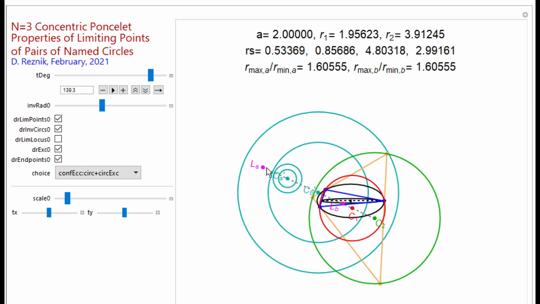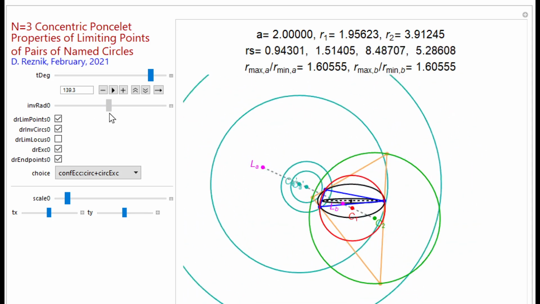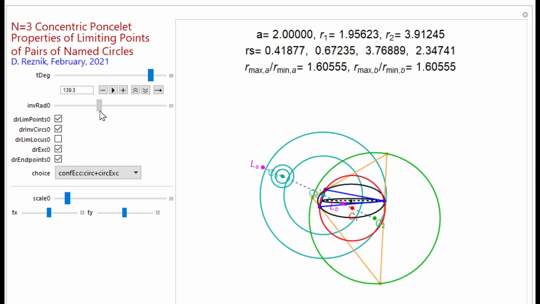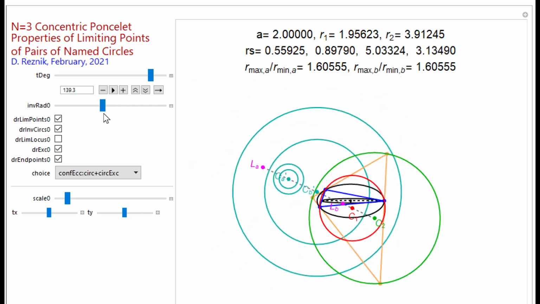Of course, if I change the inversion radius, I can change the position of these pairs, but they remain concentric, and I can alter them a little for visibility. Now there's a beautiful property of inversion of a pair of circles with respect to the two limiting points: the ratio of the outer radius to the inner radius is the same on either pair.